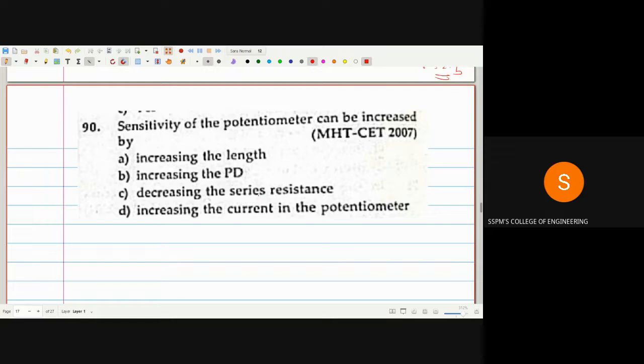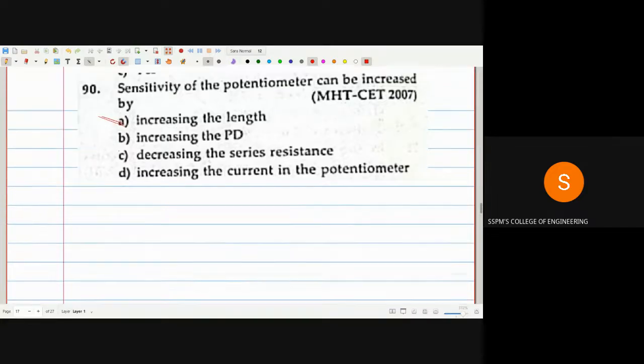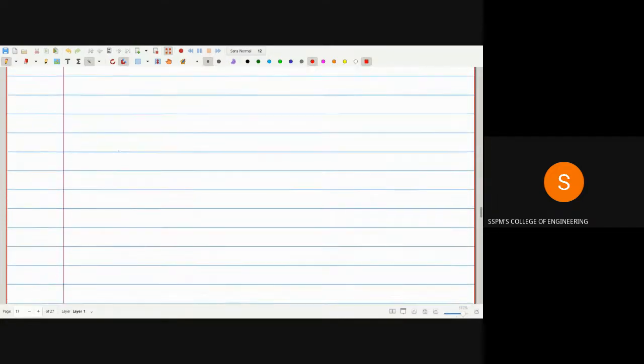If you increase the length of the potentiometer wire AB, then the sensitivity as well as accuracy of the potentiometer increases, isn't it? Your potentiometer becomes more sensitive if the length of wire is large. See, it is option A.